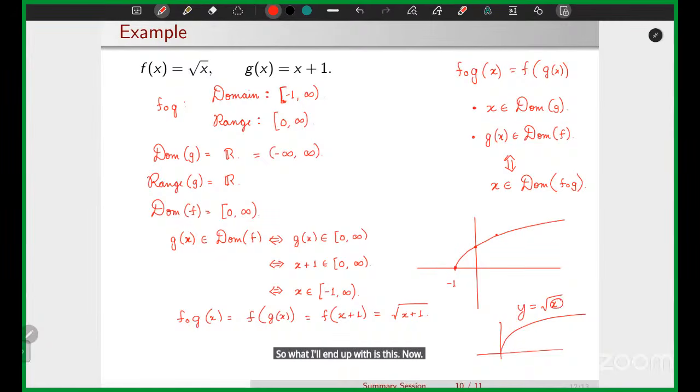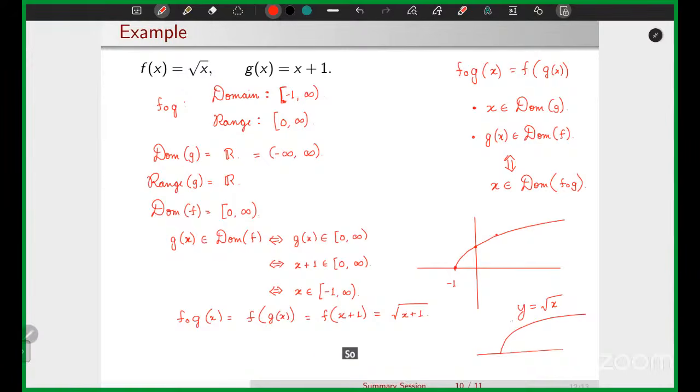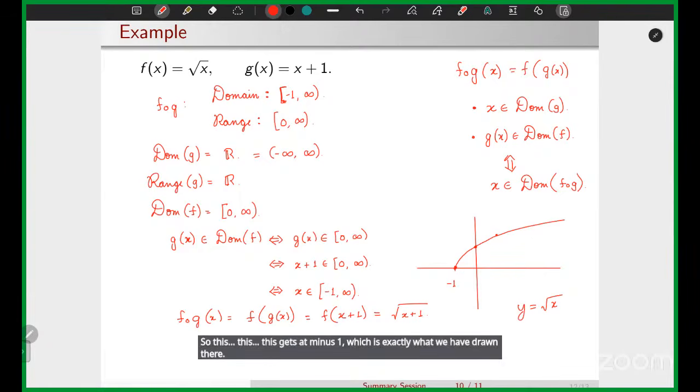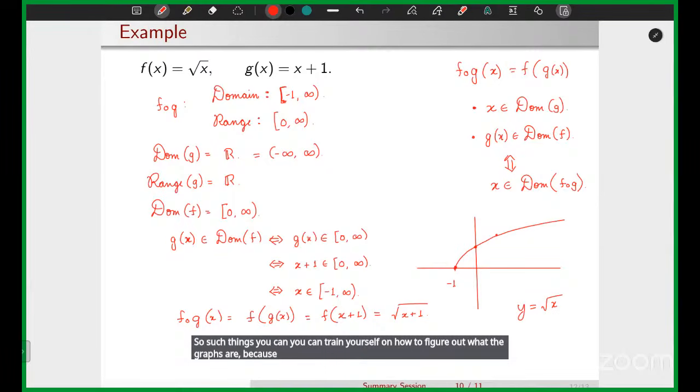Now, if the argument is not x but x plus 1, this graph gets shifted by 1 unit. So what I'll get is the axis will come over here. That's all. So this gets shifted to -1, which is exactly what we have drawn there. So such things you can train yourself on how to figure out what the graphs are, because most of these functions are known, right?